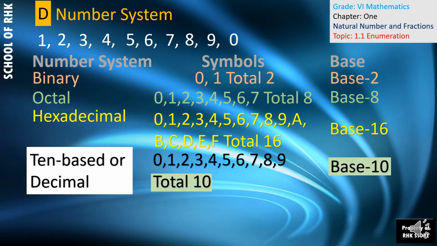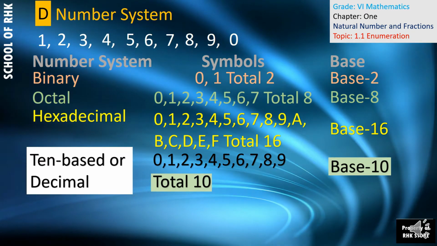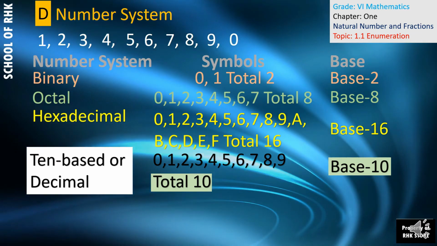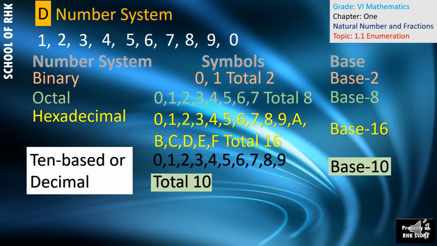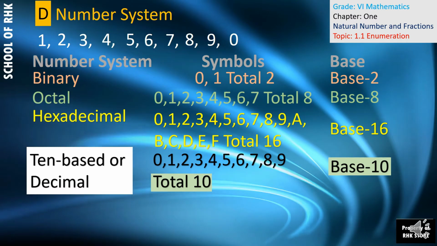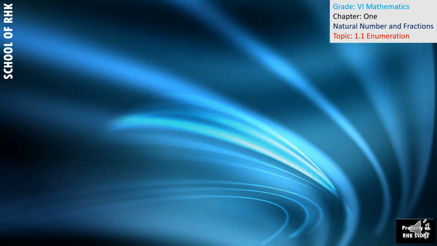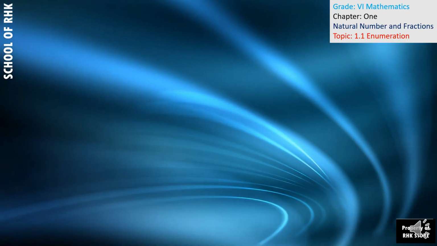In other words, the principle of expressing numbers based on 10 is called decimal, or the system of multiples of 10. The decimal system has certain rules. We will look at those rules now.